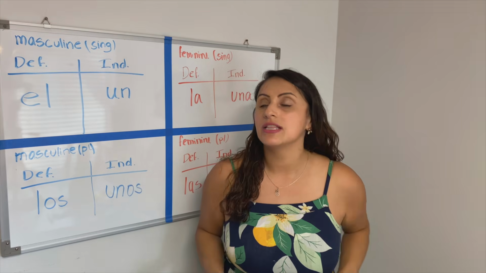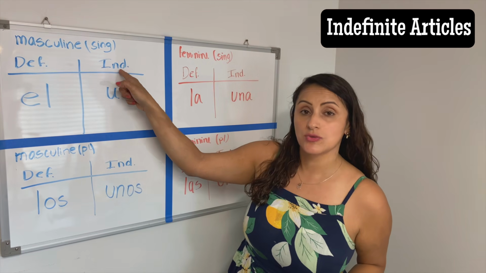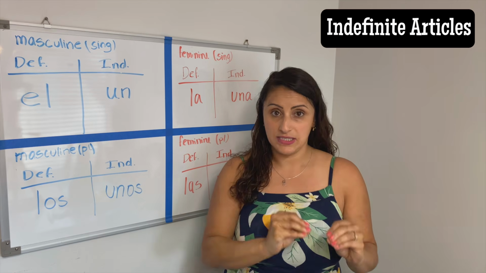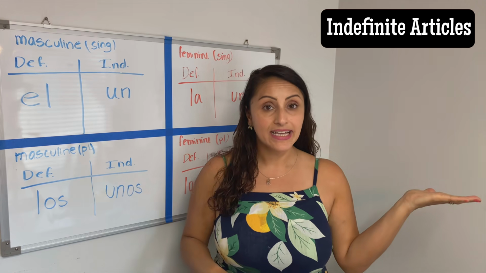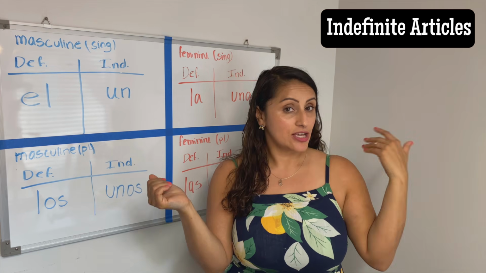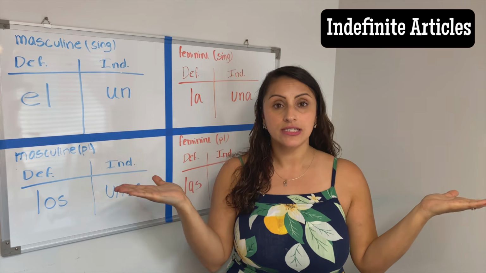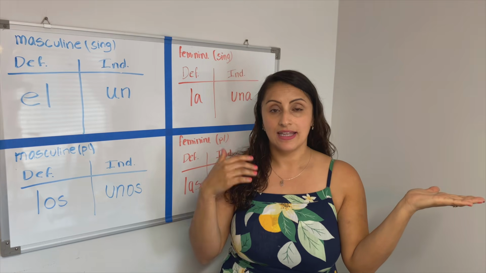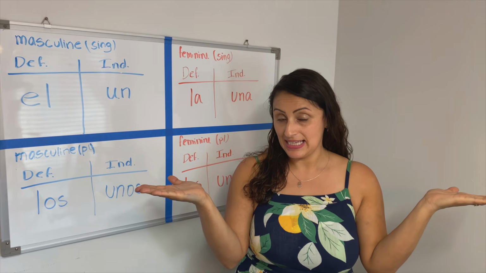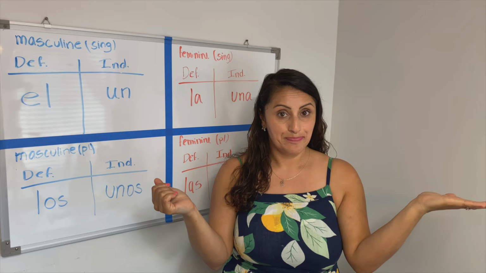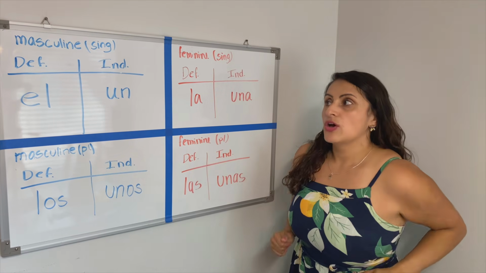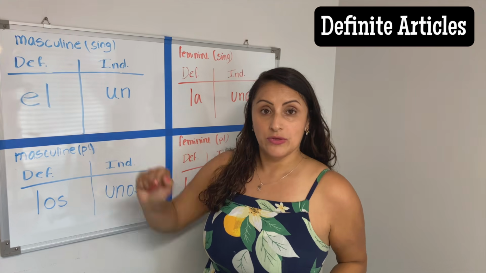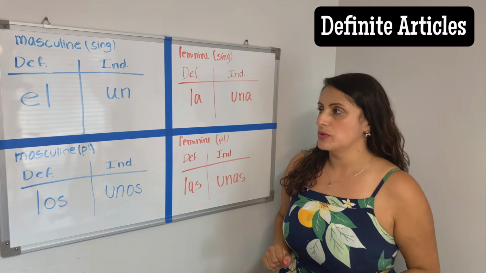And then we learned indefinite articles, which are not specific. It could be a bike or some bikes, a car or some cars. So we basically focus on the, a, and some. Okay? So let's focus on our definite articles here.